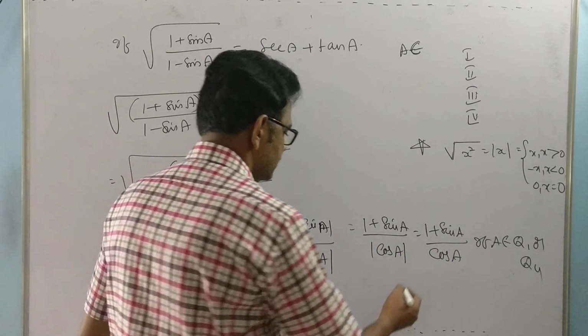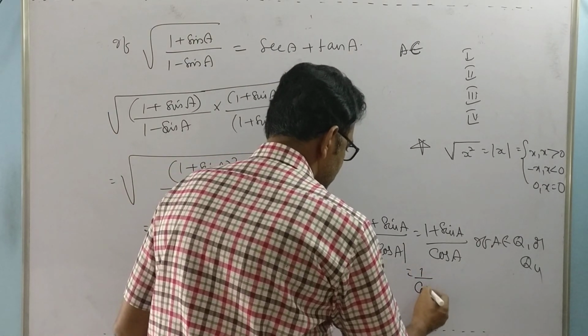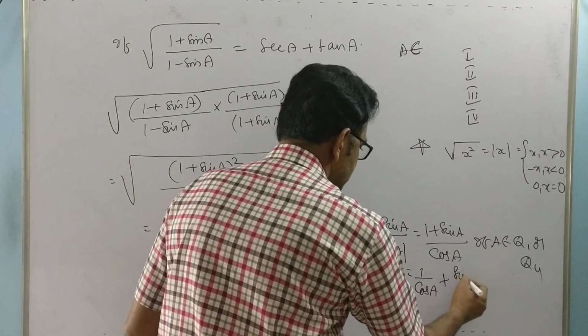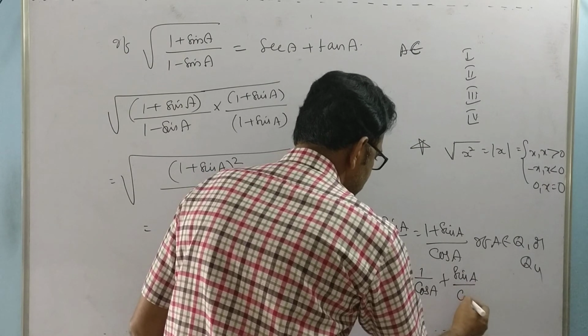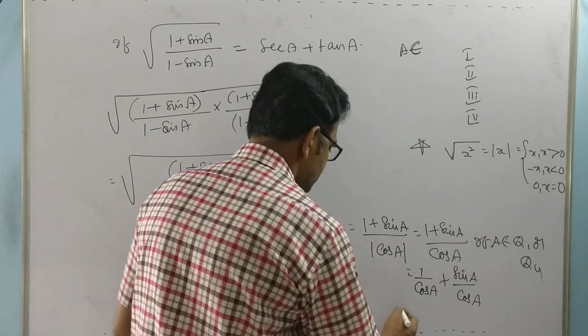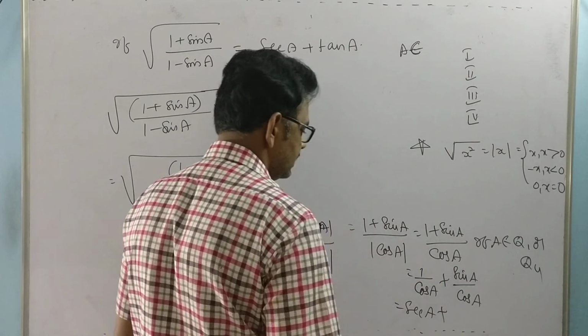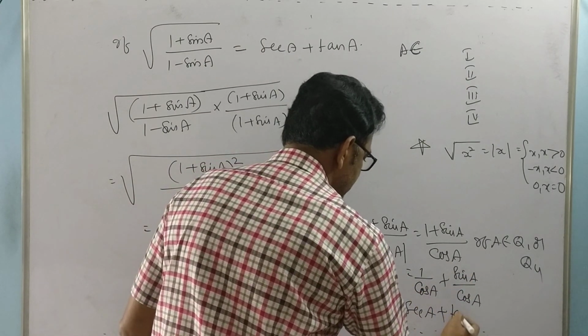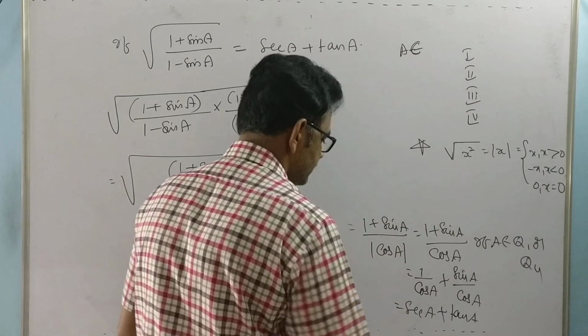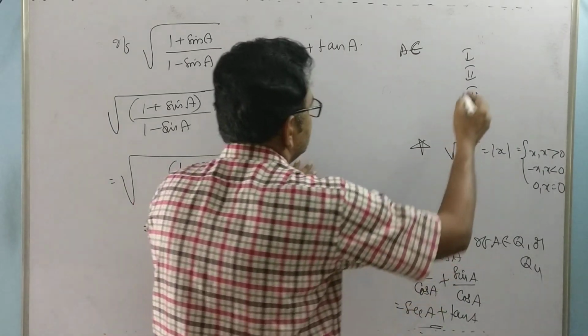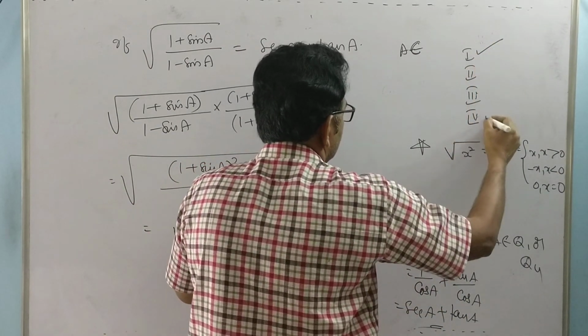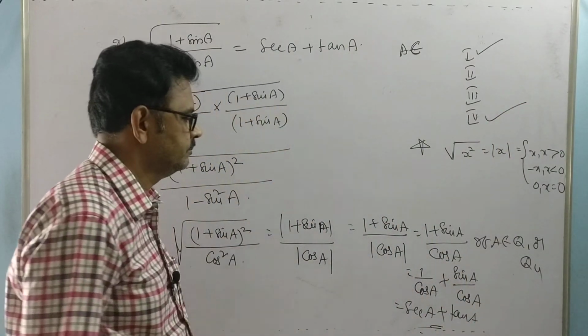So that is equal to 1 by cos A plus sin A by cos A. That is secant A, 1 by cos is secant A, and sin by cos is tan A. What is the answer? Either in the first quadrant or fourth quadrant.